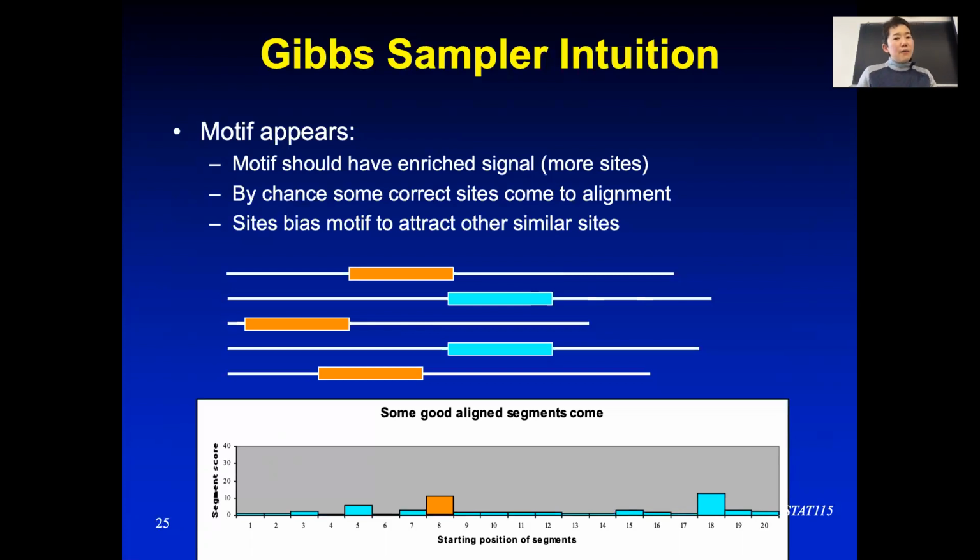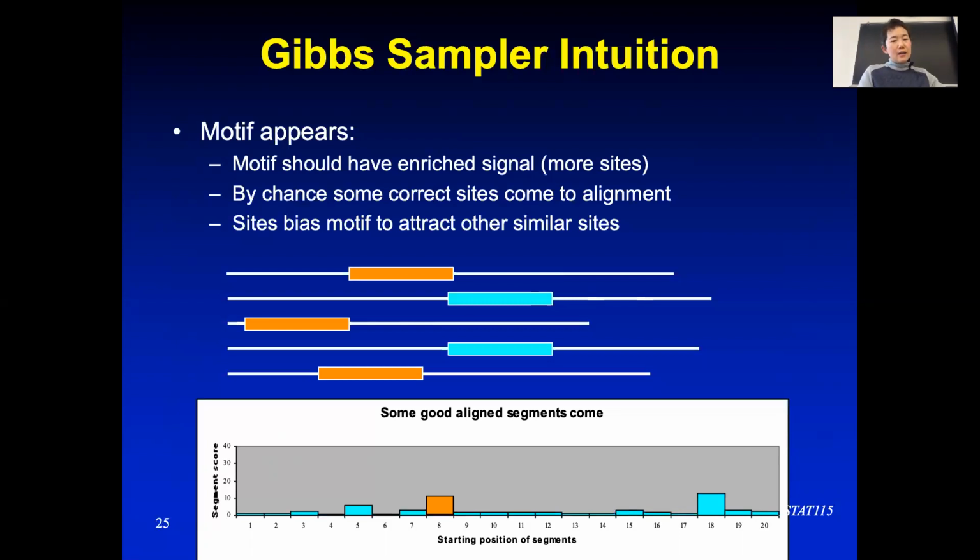So once a few sequences come into alignment, they will prefer other sequences that look like them, they all prefer their own state. Basically, once New York takes 50% of the vote, it will converge very quickly, because every time you take out a seat, it will go to New York again, right?